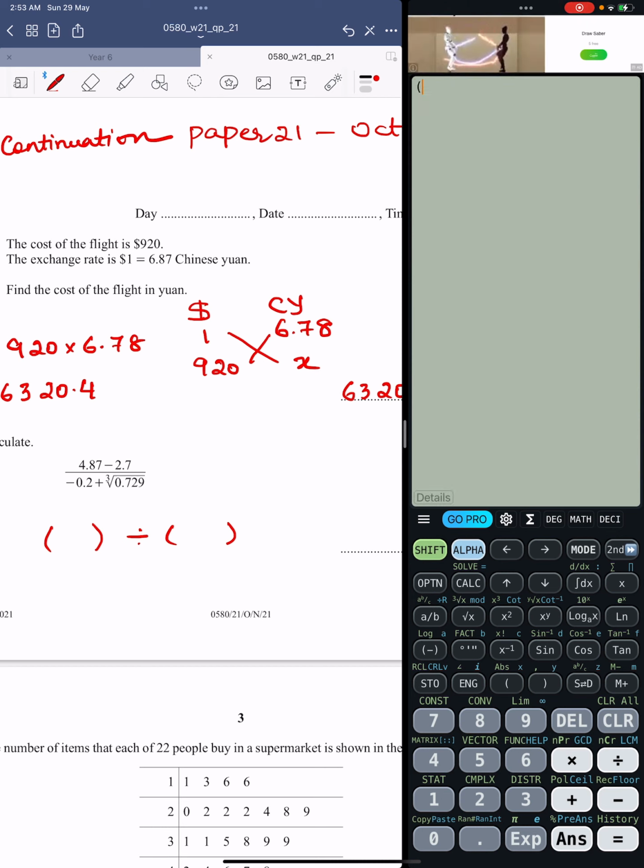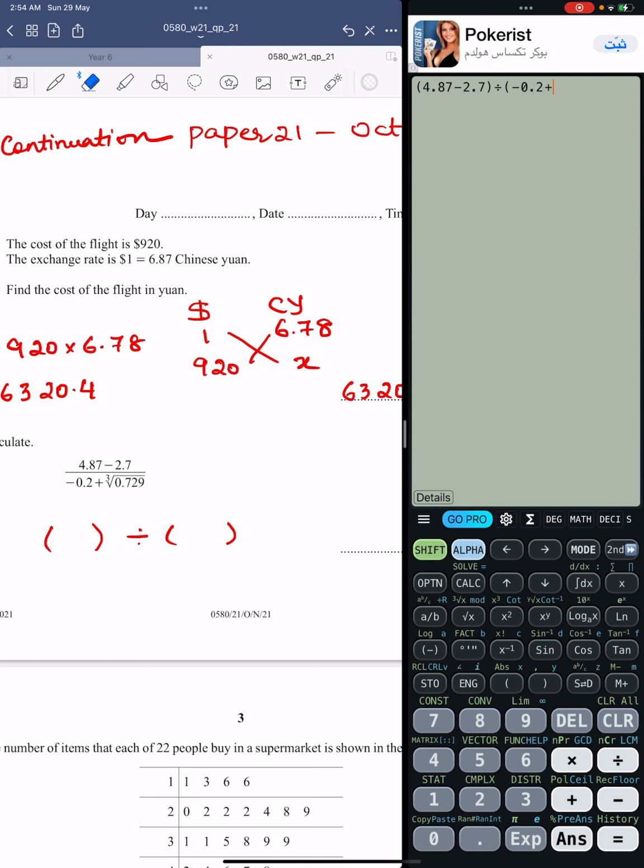So we open the bracket, 4.87 minus 2.7, we close the bracket, divide, open bracket, negative 0.2, so minus 0.2 plus cube root. Now for cube root we will press shift and the square root button, as we can see cube root on top of square root.